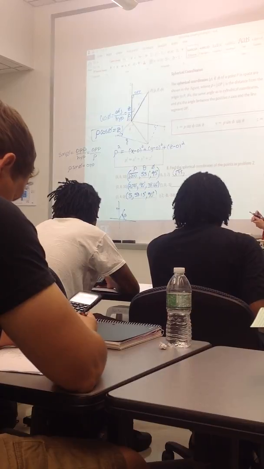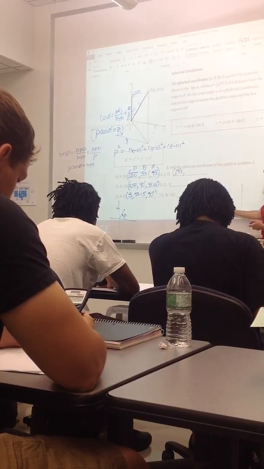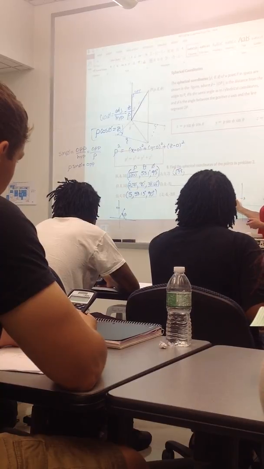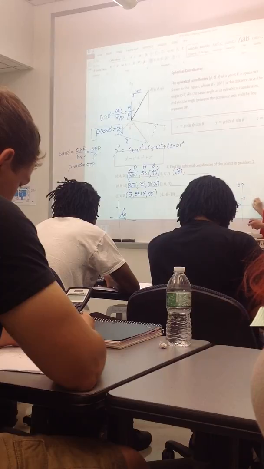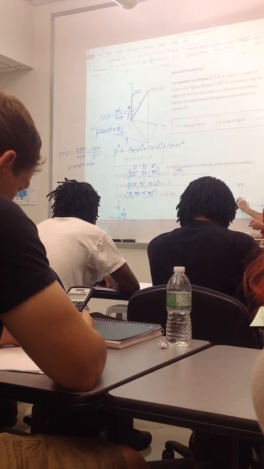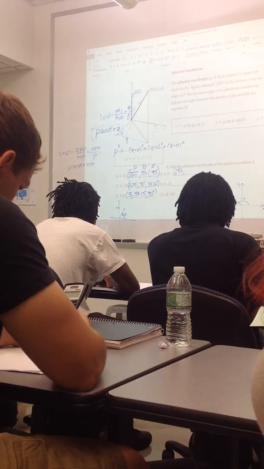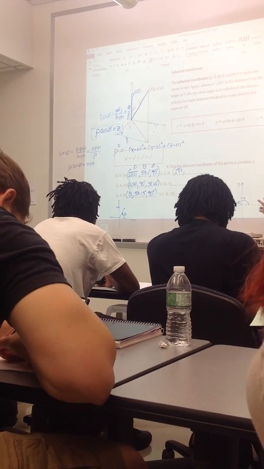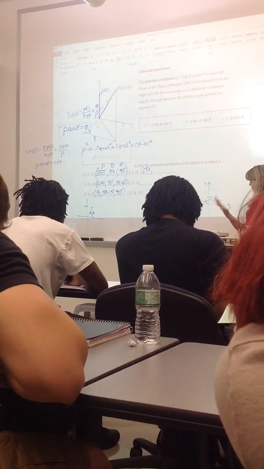And then theta, we should have already found theta, but it's a good one to remind you guys that it's over in quadrant 2, because x is negative, so it's going to be a two-step process. However you find it, it's going to be a two-step process.